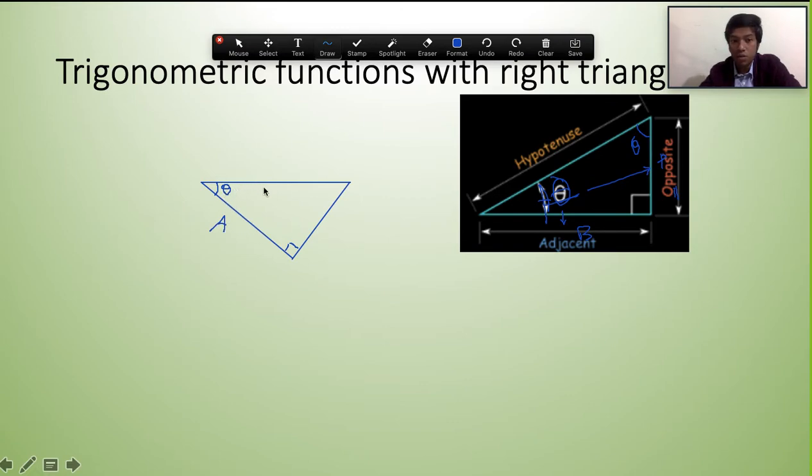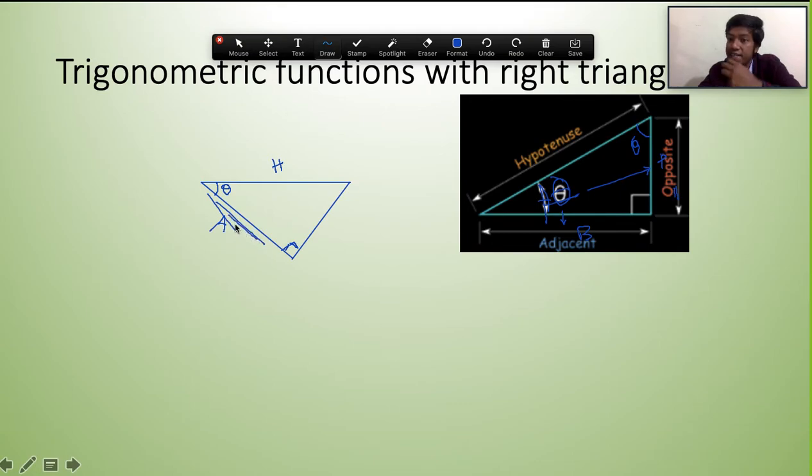Now you can say, sir, this side is also with the theta, but this side is already out of our consideration because this is 90 degree, so this is the hypotenuse. Hypotenuse is always the largest side, always against the 90 degree, so already we know that. There is no debate about it. So this is the adjacent or base, whatever you say, and this is the opposite if the theta is given here, because this is the side with the theta.